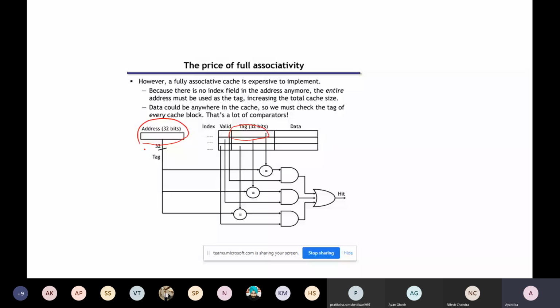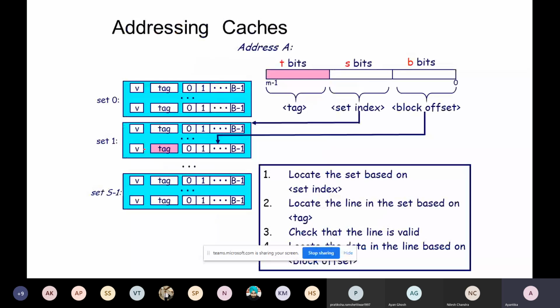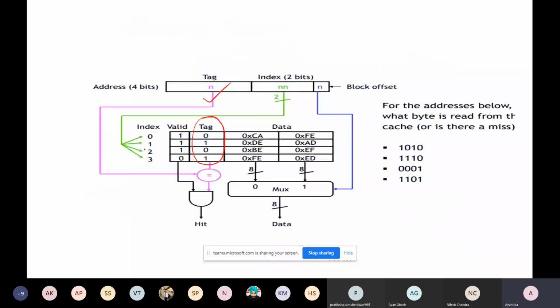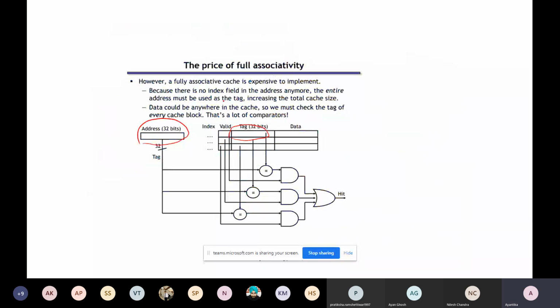In that case, the size of the search increases. Previously you were only searching on the tag values, an n-bit search. But here there is no concept of index, so you have to search all the possible locations.